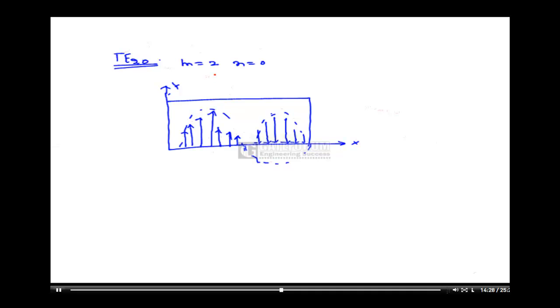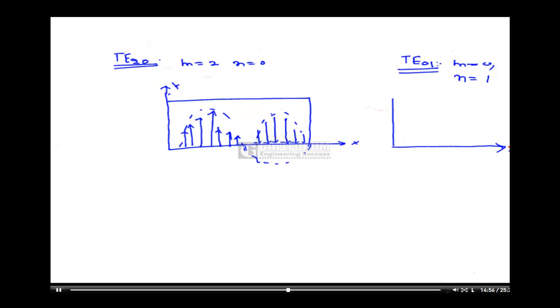Suppose I want TE01. So TE01 means what? M is equal to 0, N is equal to 1. Number of half cycles along x-axis is 0. Number of half cycles along y-axis is equal to 1. That is, the variation is only along y-axis.